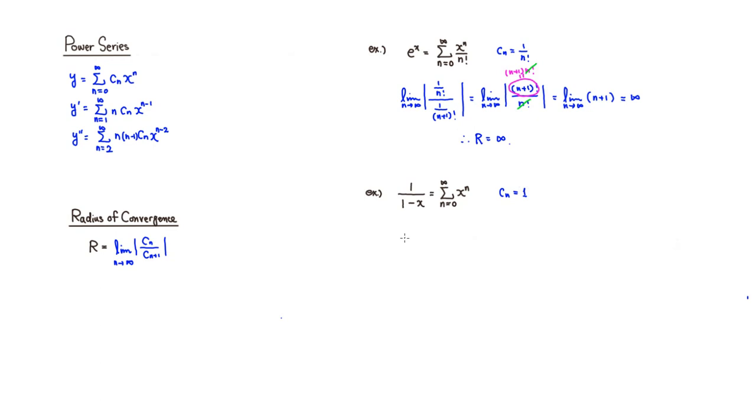So if you take the limit as n approaches infinity, Cn is 1 and Cn plus 1 is 1 as well, so the limit is 1. Therefore, the radius of convergence is 1. So this power series only works when x is between negative 1 and positive 1. All right, that's it. I hope that this was clear.